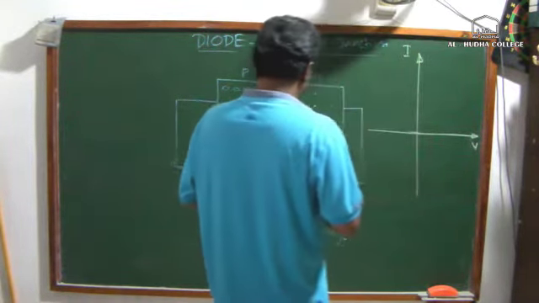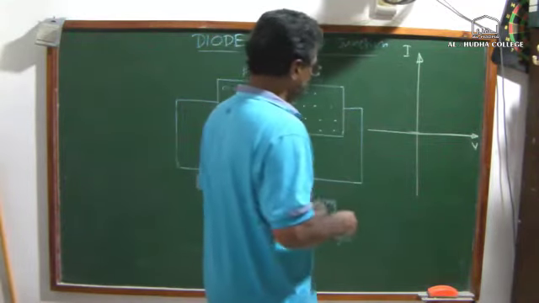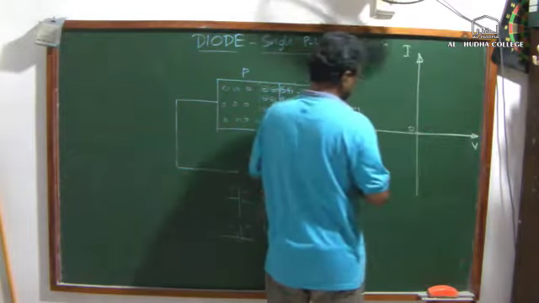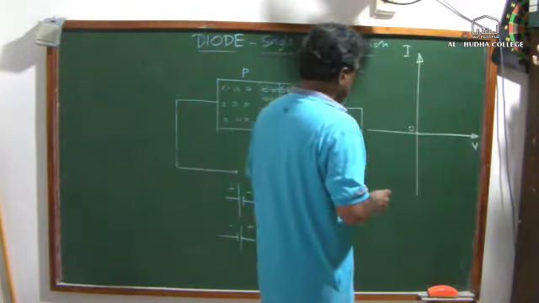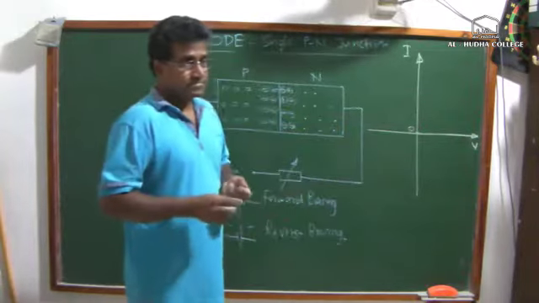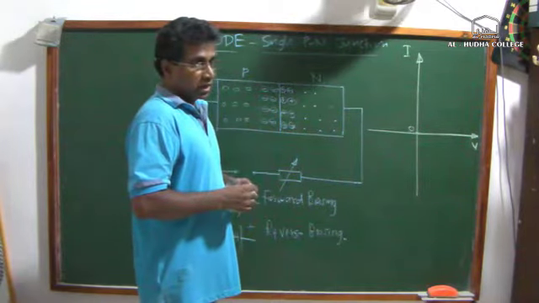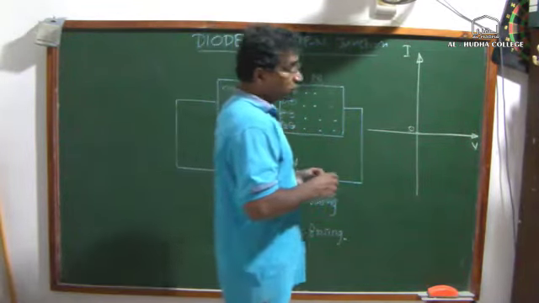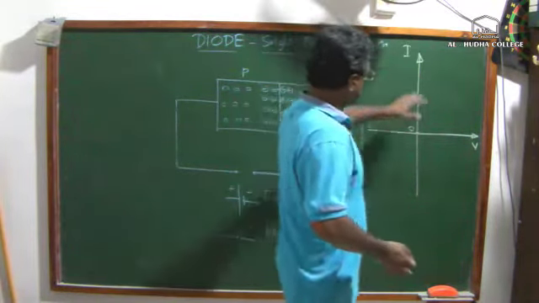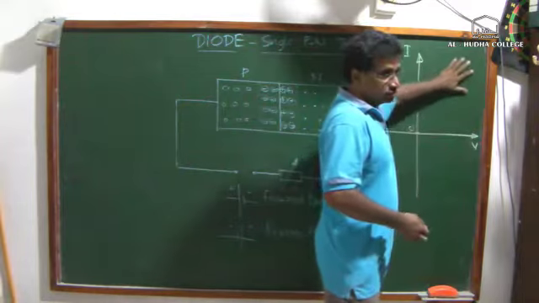When you forward bias, this is the zero crossing. Until the barrier potential is overcome, there will be no current flow. Now this quadrant is forward bias.